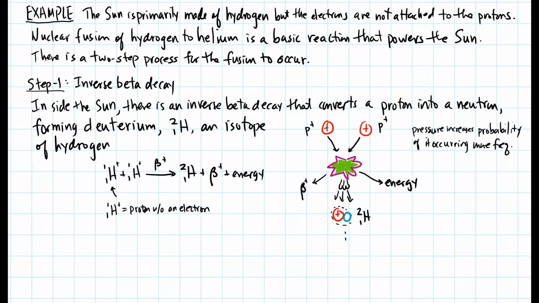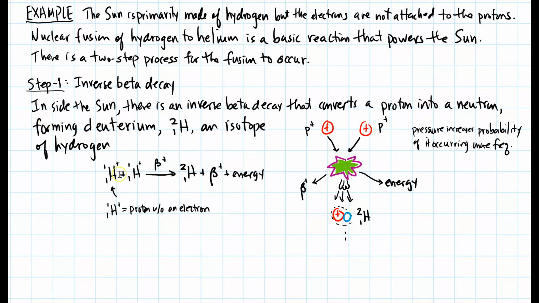The sun has a lot of isolated protons, and these isolated protons are going to interact with each other such that you get the first step, which is an inverse beta decay. So in the sun, there is an inverse beta decay that converts a proton into a neutron, forming deuterium, which is hydrogen-2, an isotope of hydrogen.